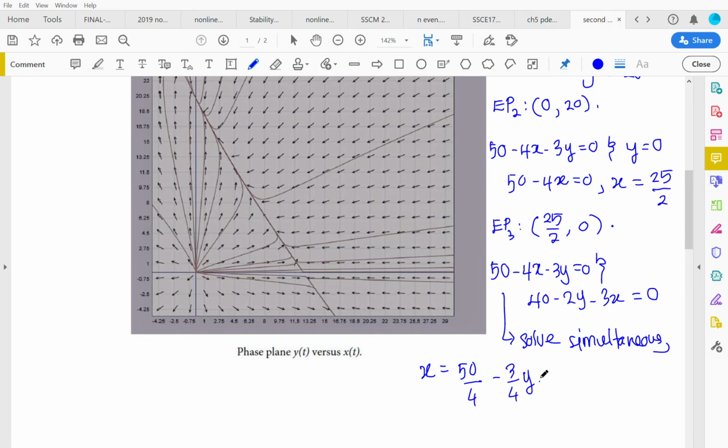You can substitute, or maybe you can use a calculator. This is solving simultaneously. You can use a calculator to solve the simultaneous equations; this is doing it manually. Make sure you get a number for x and a number for y, to be written here as the fourth equilibrium point.